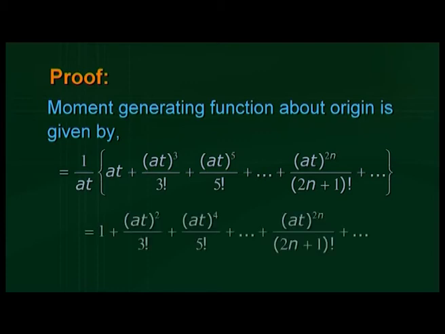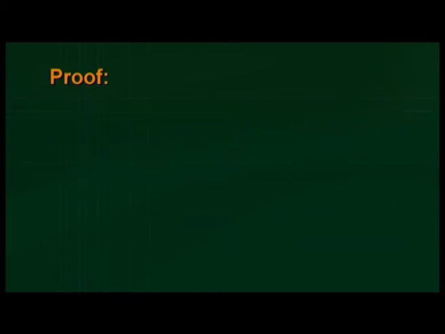This is equal to 1 + (at)^2/3! + (at)^4/5! + etc. till (at)^(2n)/(2n+1)! + etc. and so on.